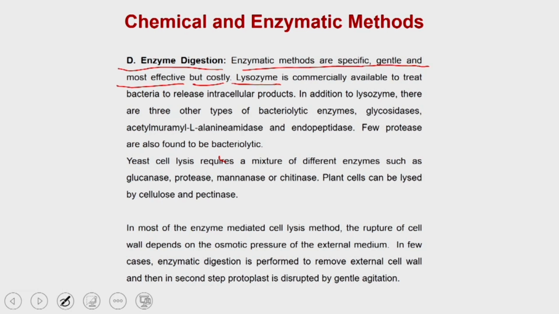One of the classical enzymes which people use is lysozyme, which is commercially available to treat bacteria to release the cellular component.